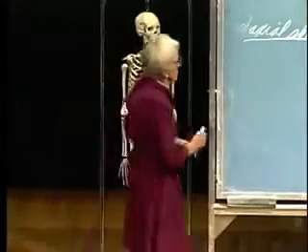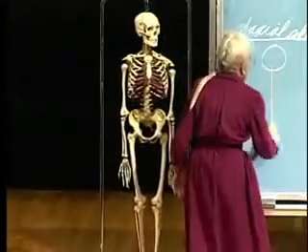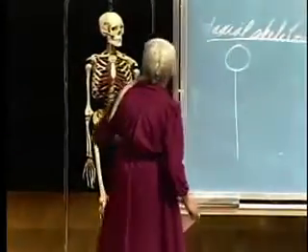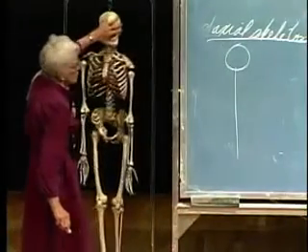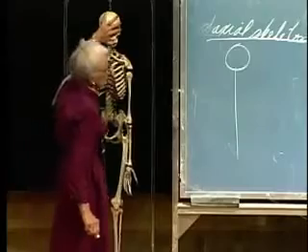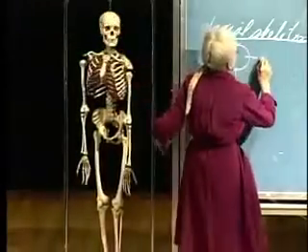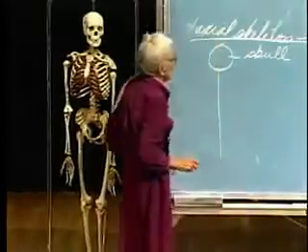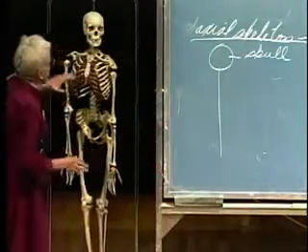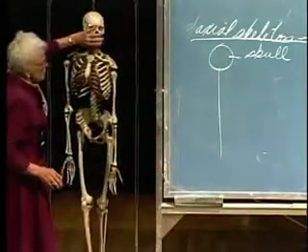So if we put a head and the main axis of the body, we can see that the skull will be part of the axial skeleton. So we'll study the skull today and all the bones that make up the skull.